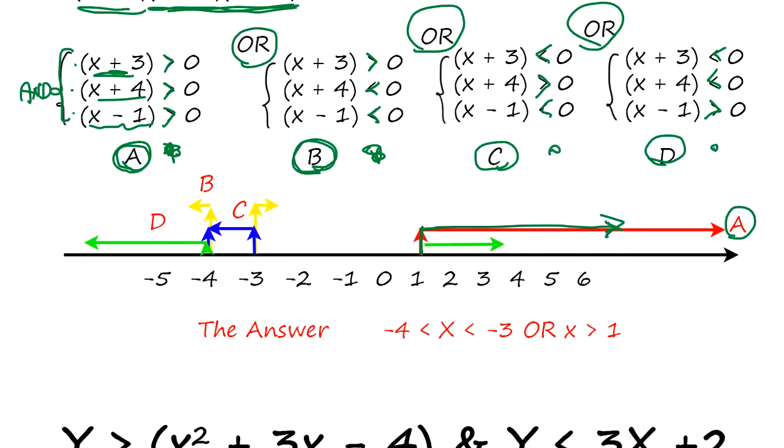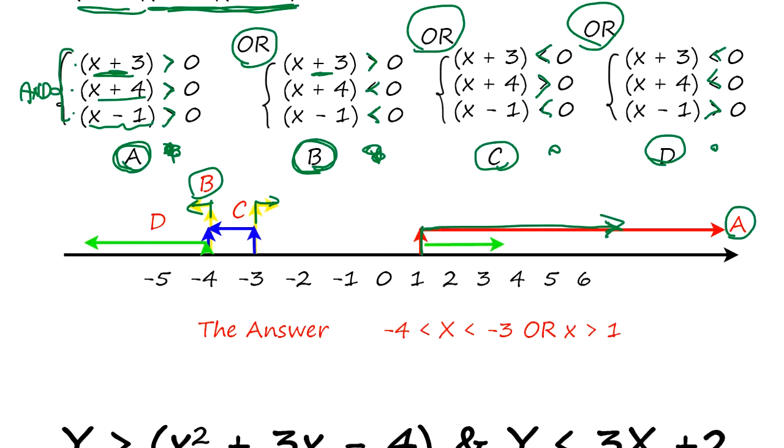Now B, we look at this. This is B. Okay, larger than -3, larger than -3, and smaller than -4. And this is the AND. There's no overlap. And this is smaller than 1.